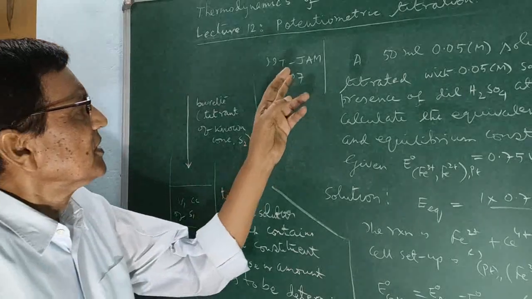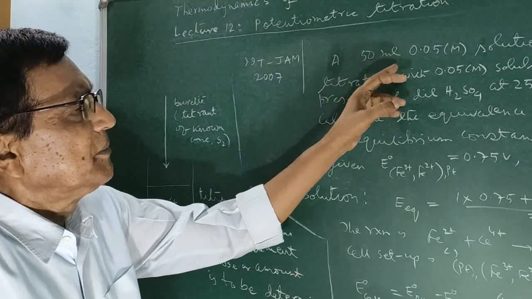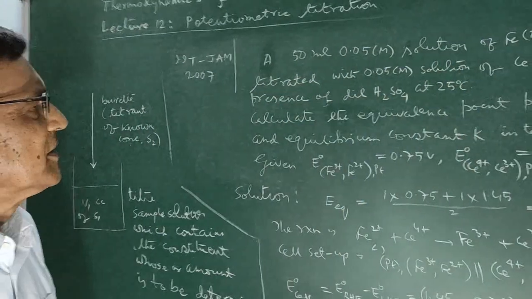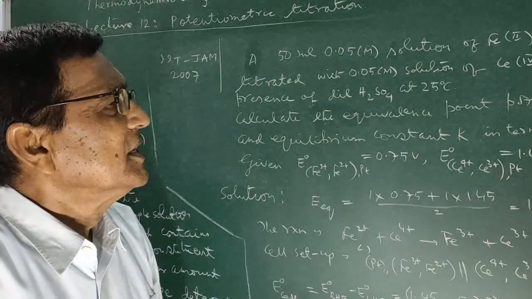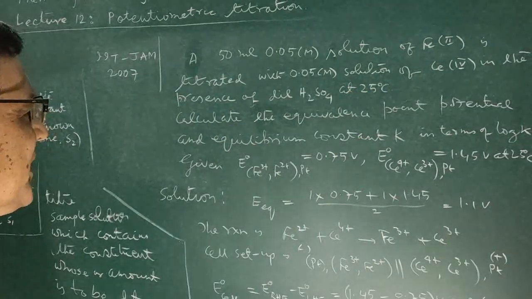The problem is IIT JAM 2007: 50 ml of 0.05 molar solution of ferrous ion is titrated with 0.05 molar solution of ceric ion in the presence of dilute sulfuric acid at 25 degrees centigrade.